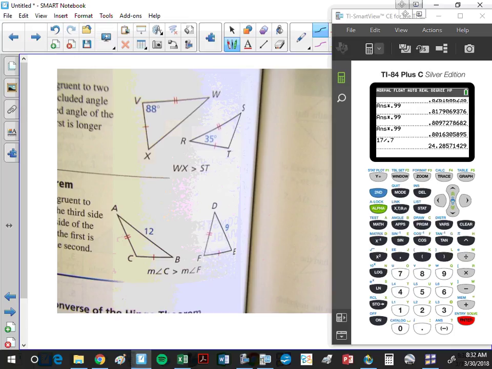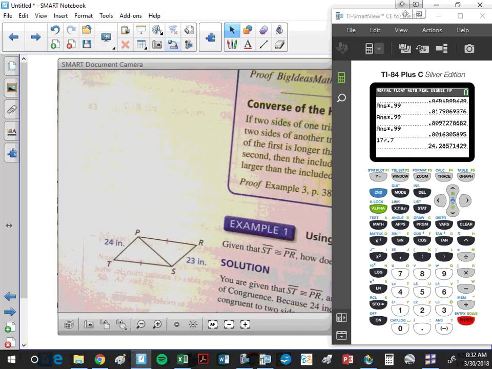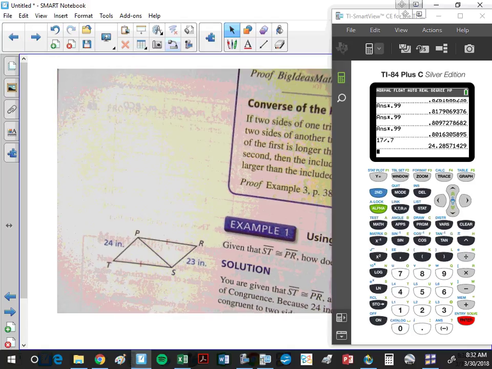So let's look at this one. So we can only use the hinge theorem when we know that two sides correspond. Do I have two sets of equal sides in this triangle? Well, I have this one matches that one. Do I have another side that's equal?